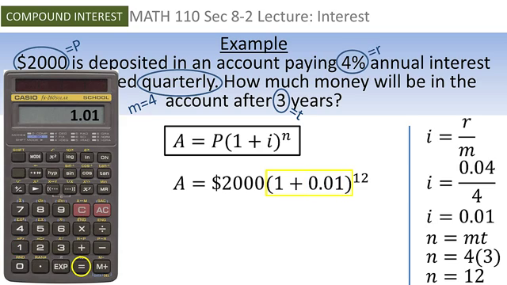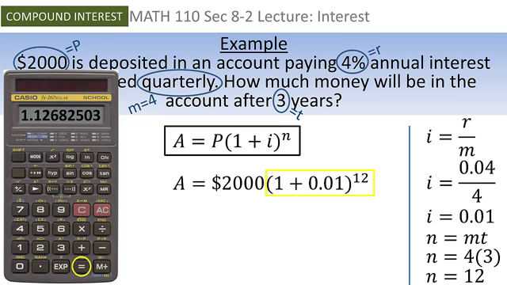When I do that, I get 1.01. And then I want to raise it to the power of 12. The power button is the one labeled x to the y. So after I get 1.01, I want to do the power button, and then I want to type in 12, and then equal.